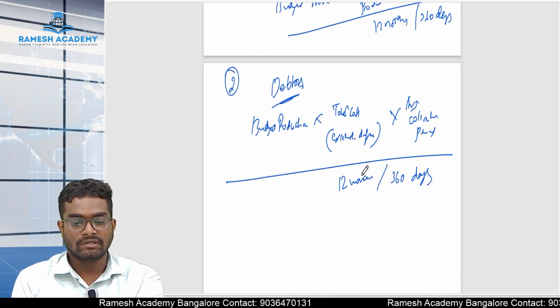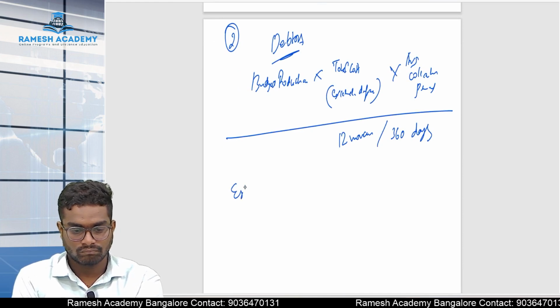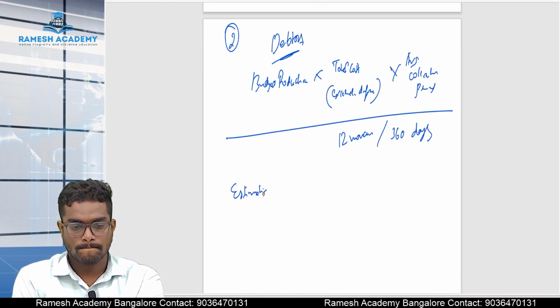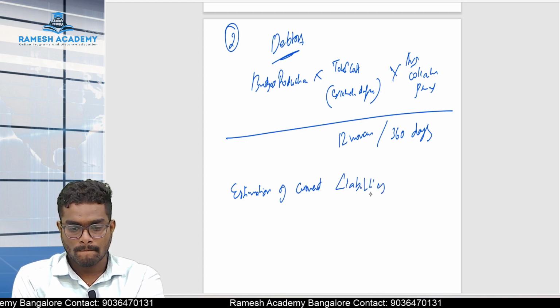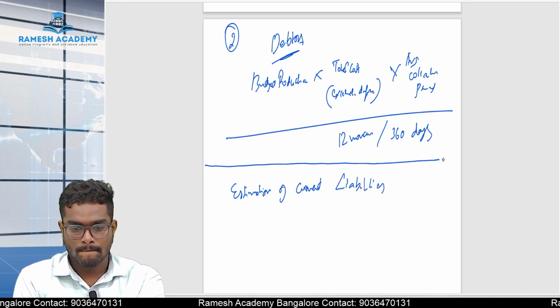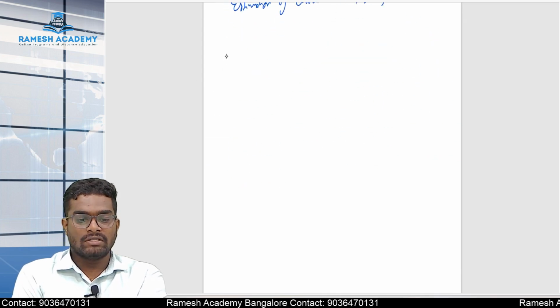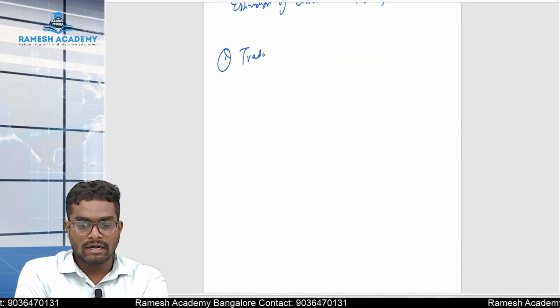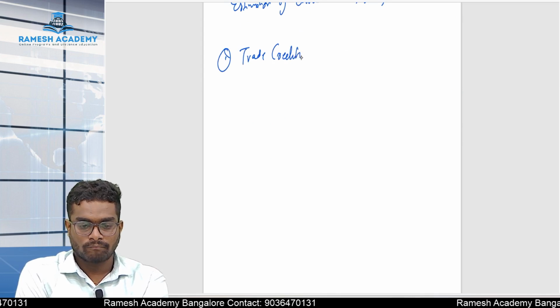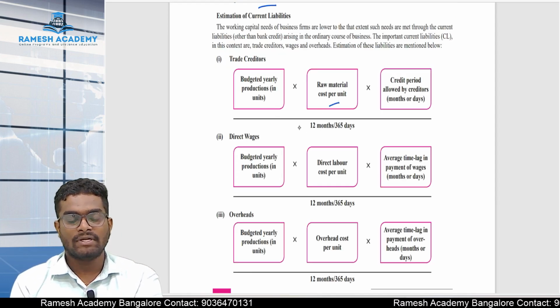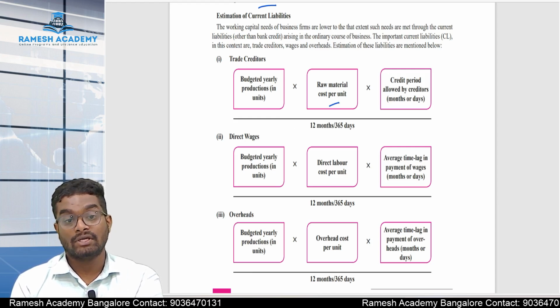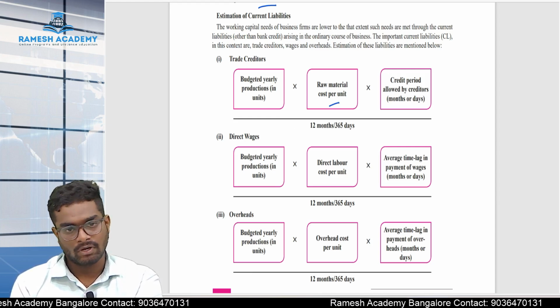Now the estimation of current liabilities. So what is the first one? Trade creditors. Trade creditors means obviously raw material cost, because how much amount should I pay the creditors? Obviously the raw material cost.